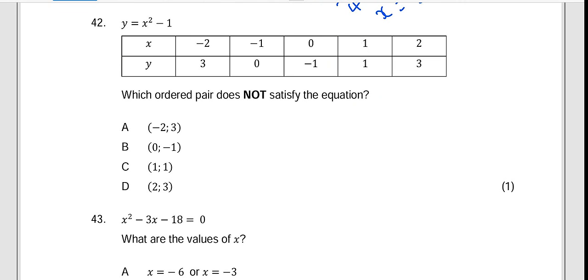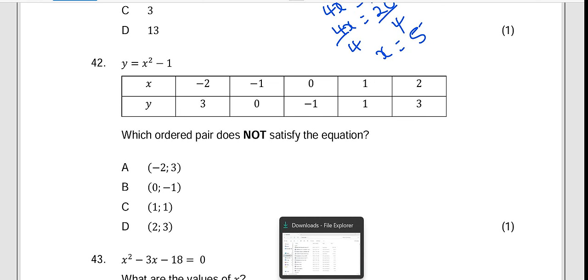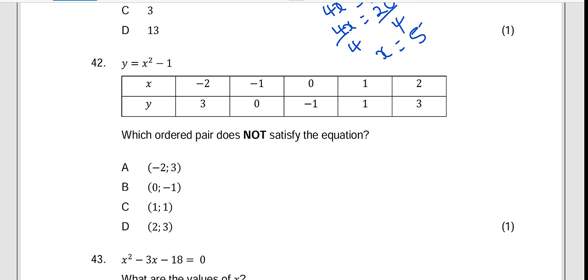Which ordered pair does not satisfy the equation? Guys, let's check if where there is x, we put -2, are we going to get 3? Let's use our calculator. Yes, the answer is 3 for -2. Let's check for -1.